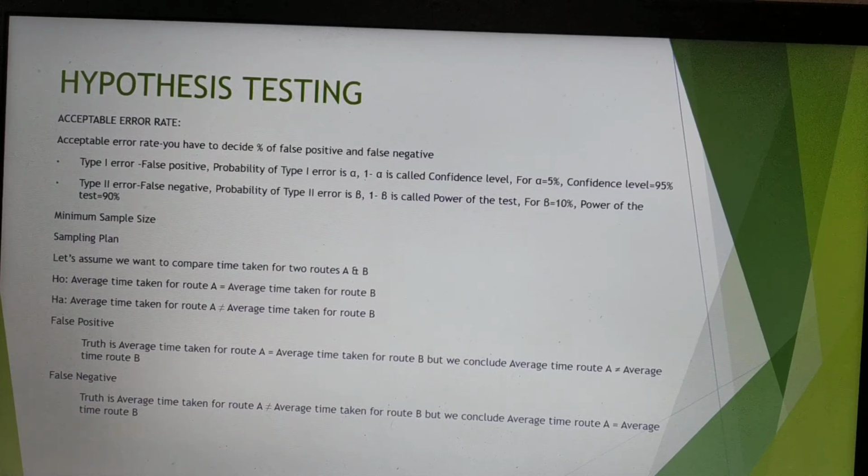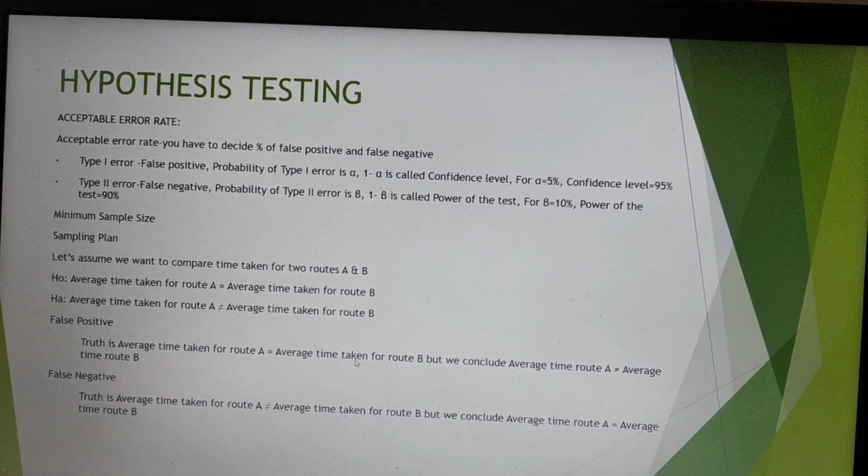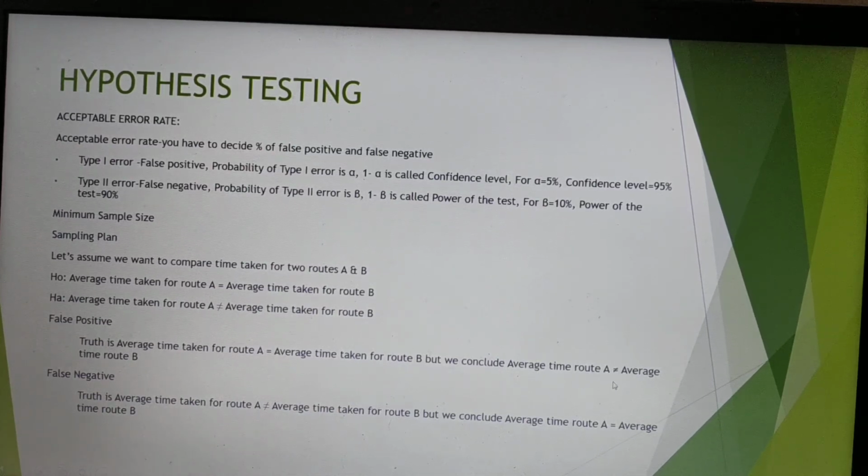This is because the sample that we have taken misleads us. For example, for false positive, though the time taken for route A is equal to time taken for route B, the sample data misleads us to believe that the average time for route A is not equal to average time for route B.